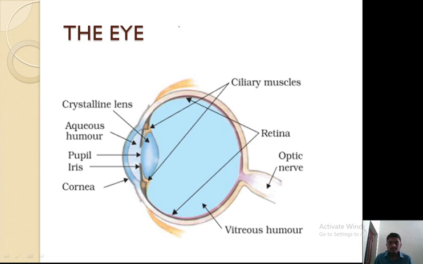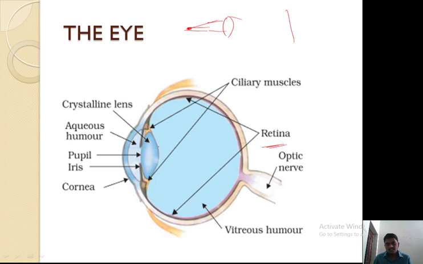Now when the eye lens is focusing nearby objects, it has to adjust its focal length so that the image forms on the retina. Why? Because whenever the object distance changes, since the image distance is constant, its focal length has to change.